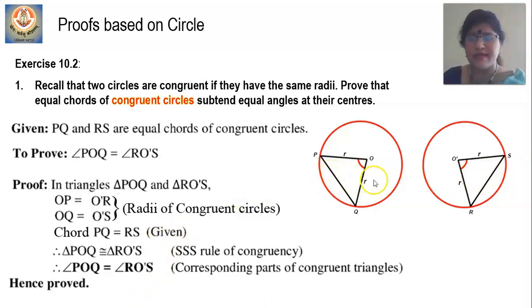So this side is equal to this side. OP is congruent to O dash R and OQ is congruent to O dash S. So the three sides of one triangle are congruent to the corresponding three sides of another triangle. Therefore, the two triangles are congruent by SSS congruence rule.